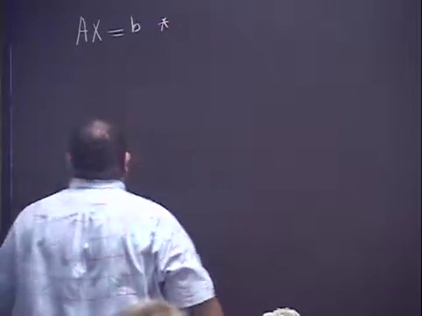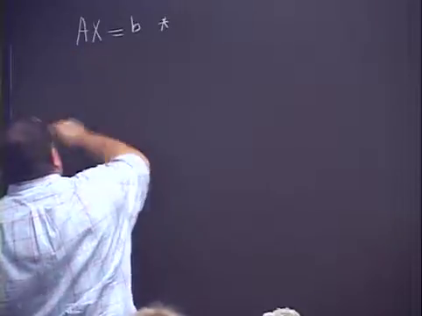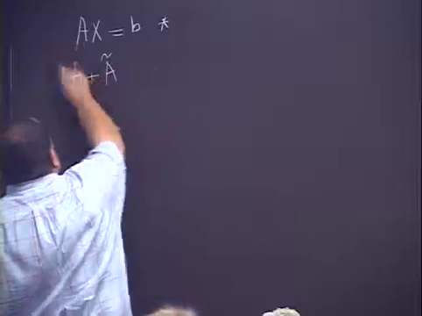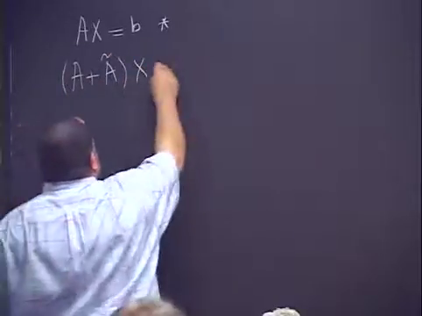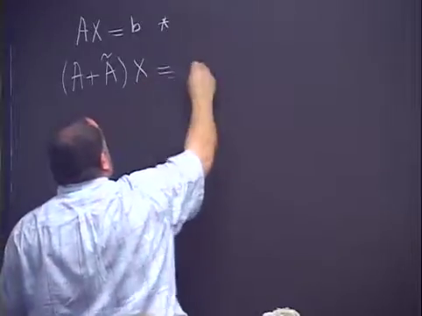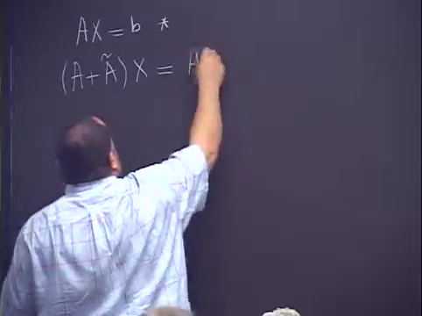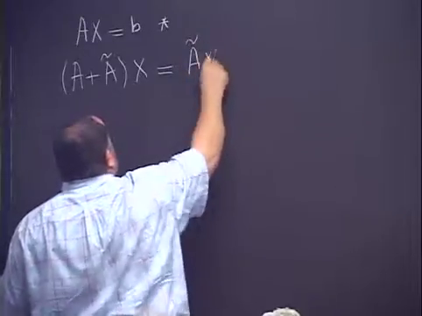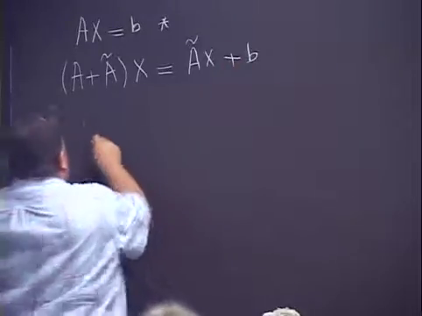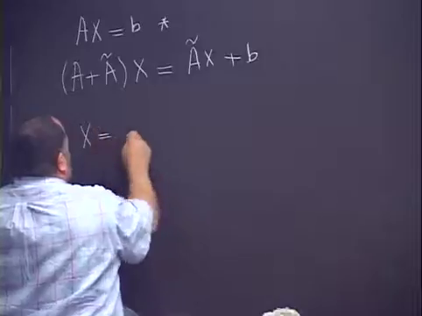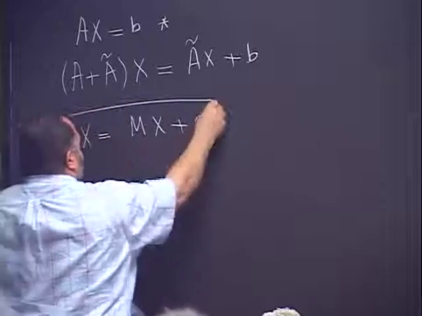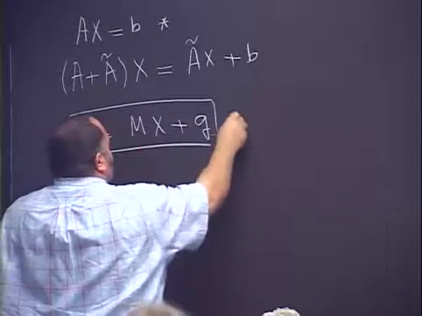Then we stated that we want to solve a system with A plus A wiggle, or A tilde, applied over X, equal to B plus A tilde X. And then when we rearrange this, we reach the equation X equal to MX plus G, and we gave this equation last time a double star.